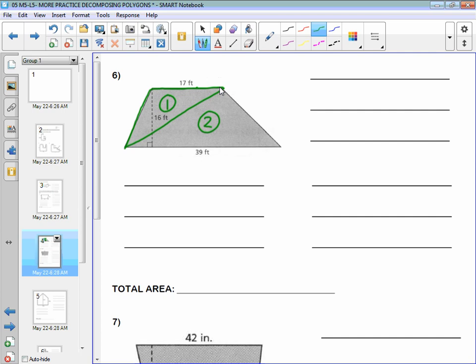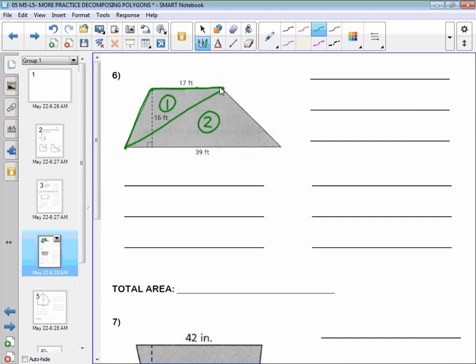Do you have a height? It's 16. It is. Because look, this is an obtuse triangle. The height is from here to the tip. This dotted line is representing from base to height, also known as the altitude.